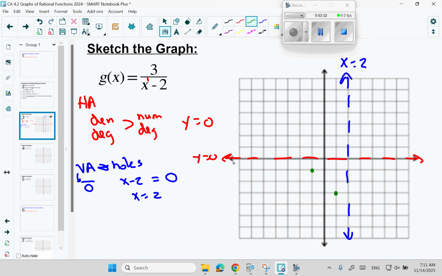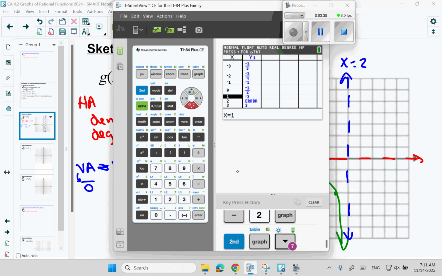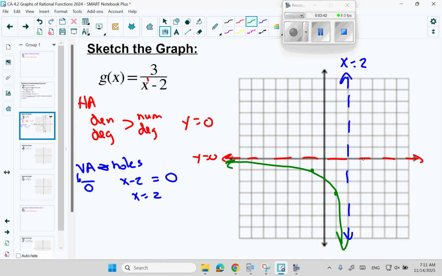And looks like that would be it. So then we get this rough sketch with this branch here. We get 3, 3, and 5, 1. Something like that.